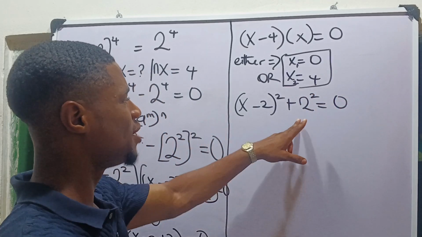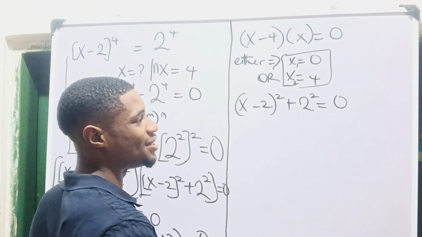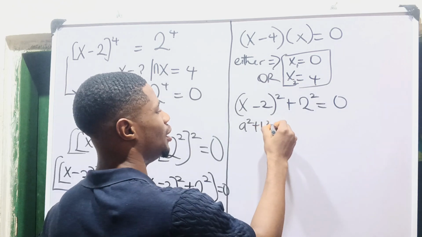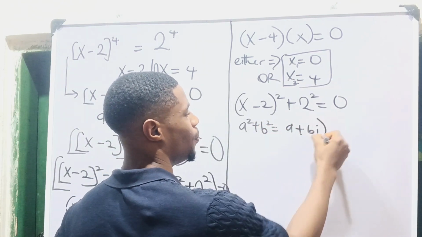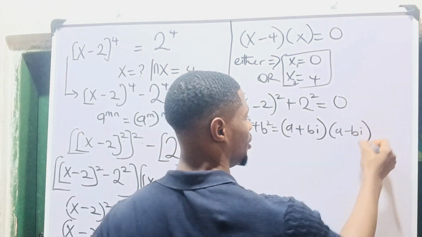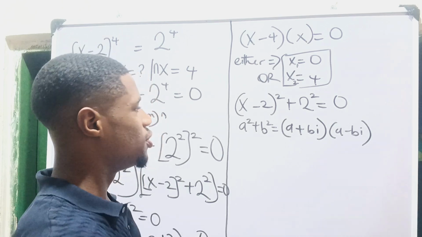From here, we can say that this is a sum of two squares, and the sum of two squares says that a^2 + b^2 is equal to (a + bi) times (a - bi), where i is the square root of -1.